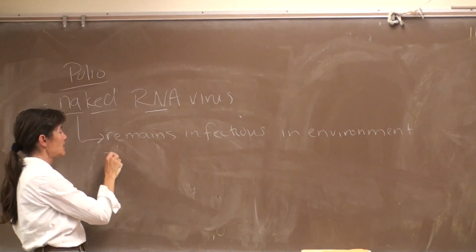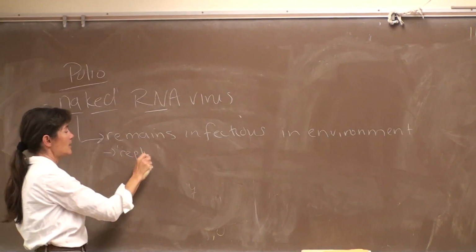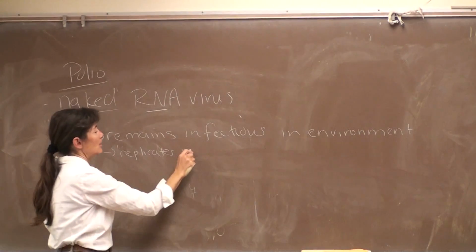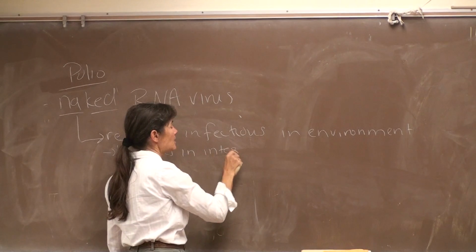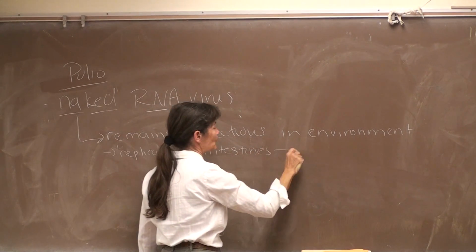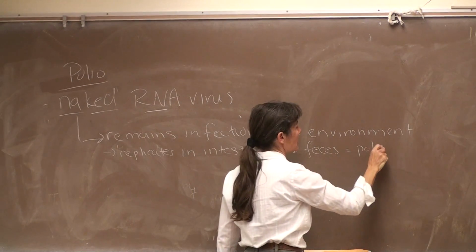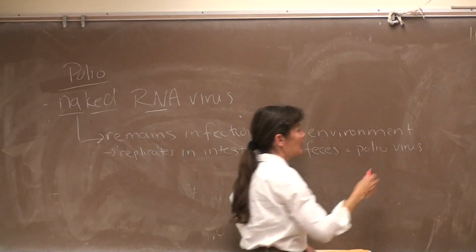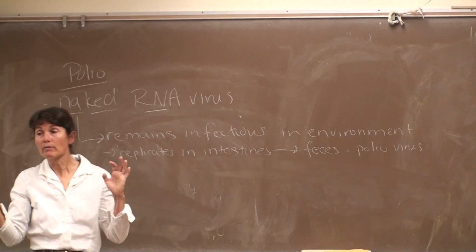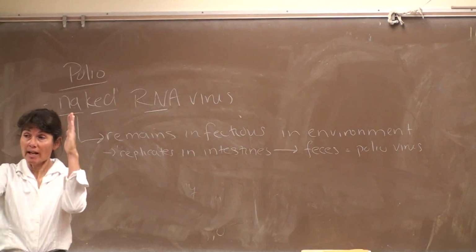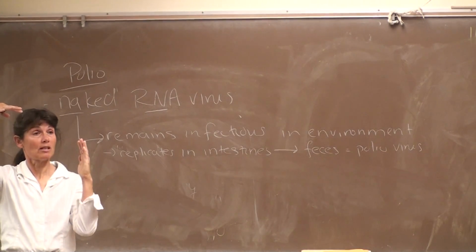It replicates in the intestines, and consequently it's shed in the feces. Because it's naked, there's no delicate envelope to be damaged. The adhesins are in that tough protein capsid.